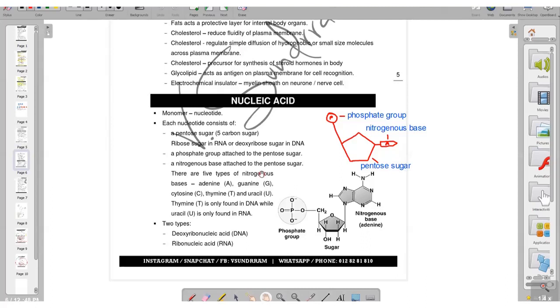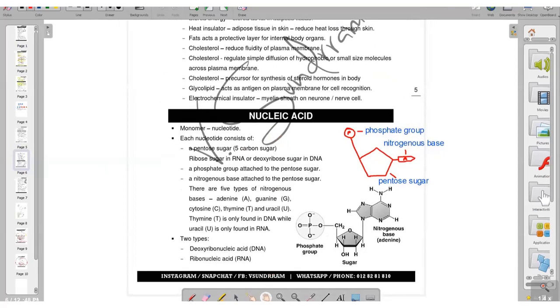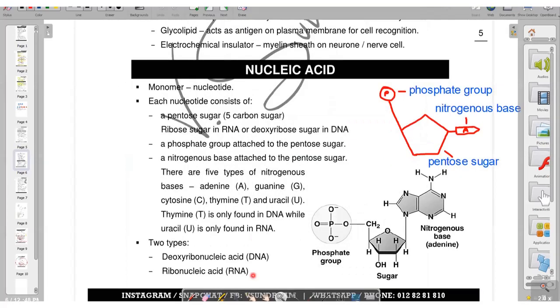Okay. So if you look at your notes here, you should be able to understand some of the points here, which is nucleic acid monomer is nucleotide. Now you know what it is. Each nucleotide has a pentose sugar. It has a phosphate group attached to the pentose sugar. It has a nitrogenous base attached to the pentose sugar.